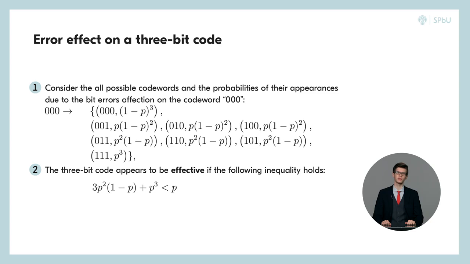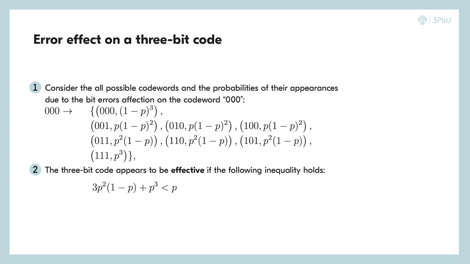But at the same time, the code word 101 may occur as a result of one error in a code word 111, and thus we will not be able to find out whether the code word 000 or 111 was initial. Such circumstances depend on the quality of the information channel and restrict the 3-bit code's applicability.